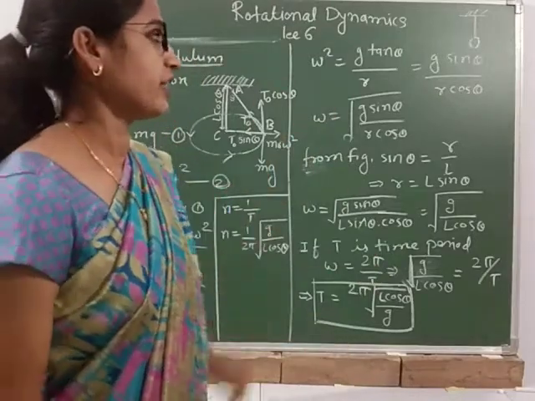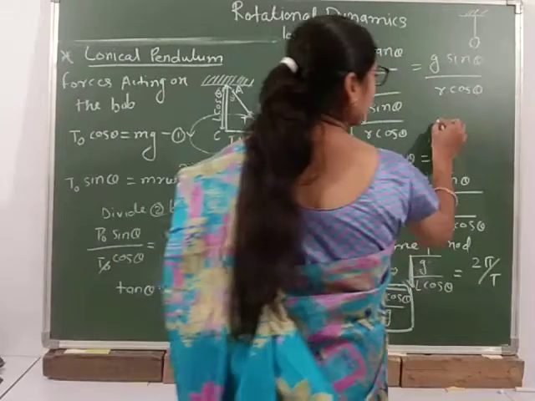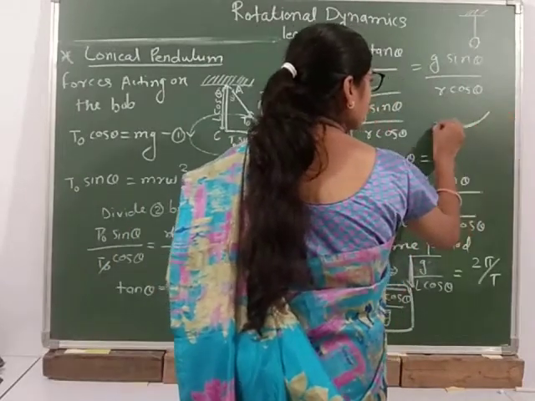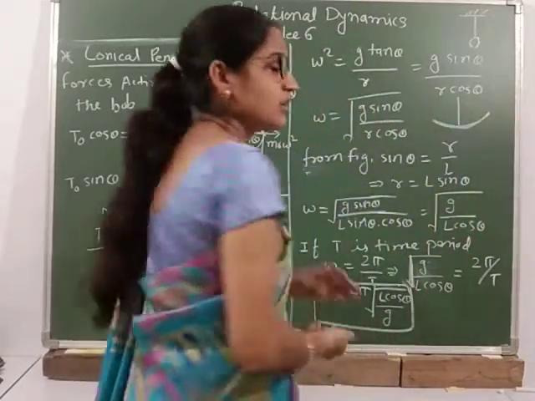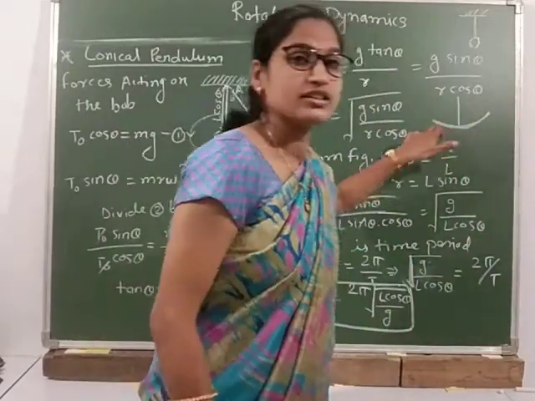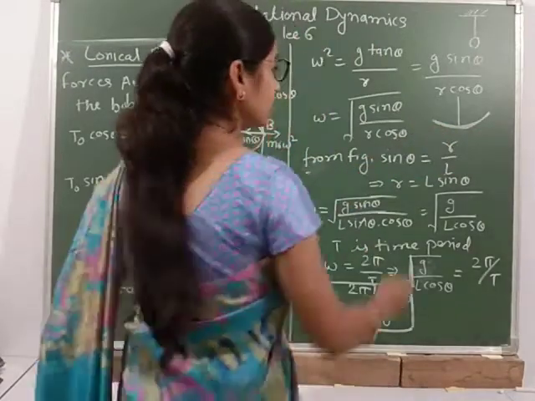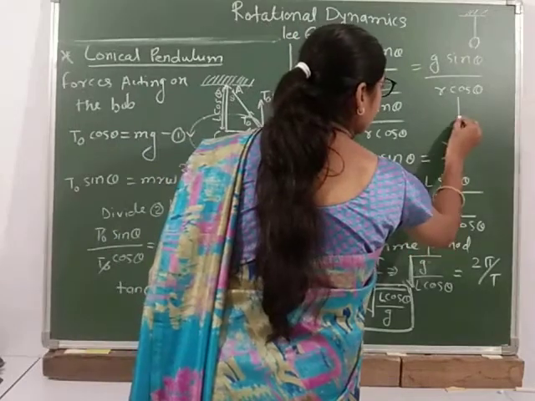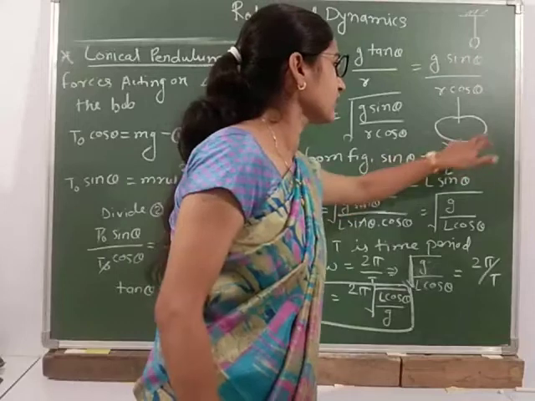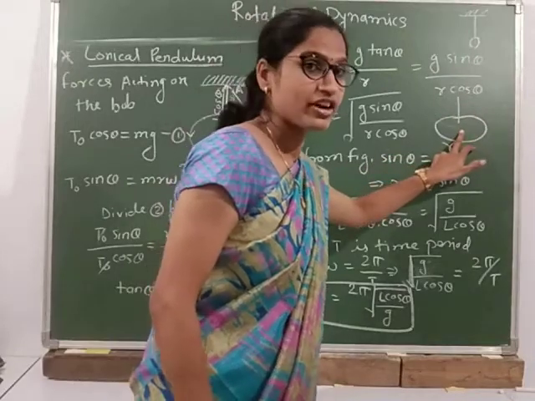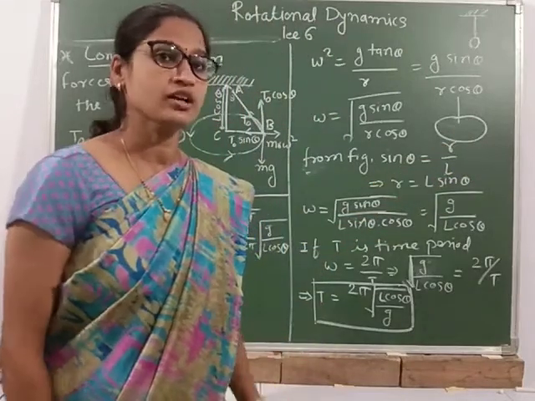If this pendulum rotates in a single vertical line, then it is called a simple pendulum. And if this pendulum is rotated in a horizontal circle about this vertical line, then it is called a conical pendulum.